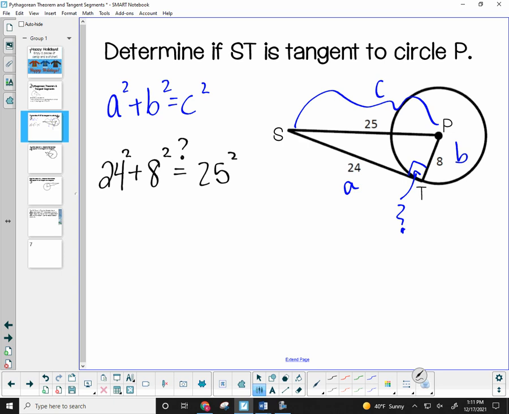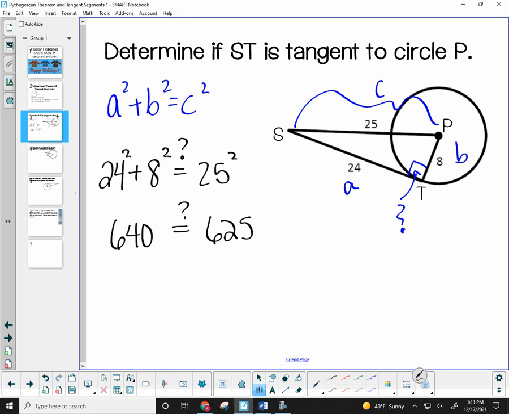All right, so let's plug it in our calculator. 24 squared plus 8 squared gives me 640. Is that equivalent to 25 squared, which is 625? No, that did not hold true.